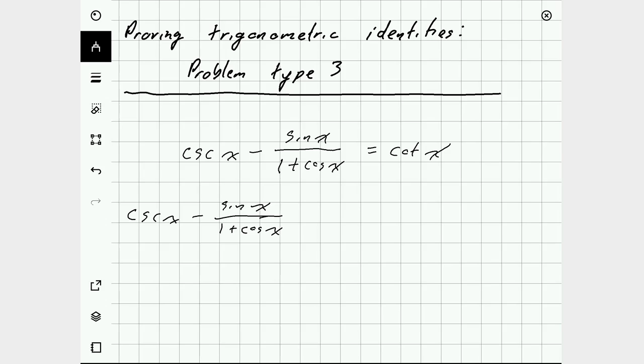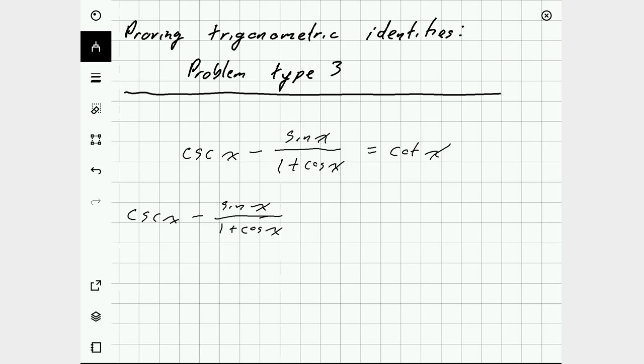But we're not just blindly working through this. We're looking at what we have. And I see right away that I'm looking to do a lot of condensing. My final result is just cotangent of x.